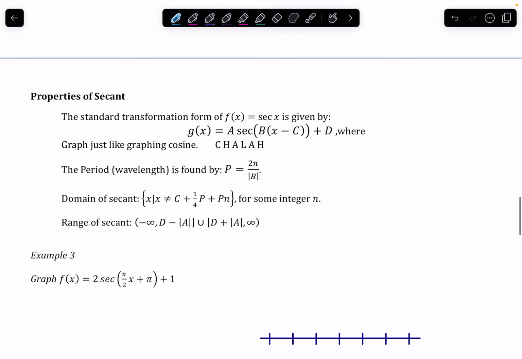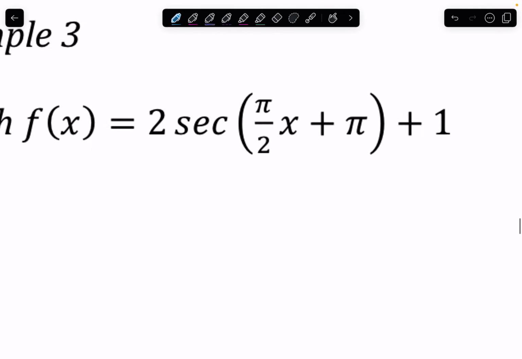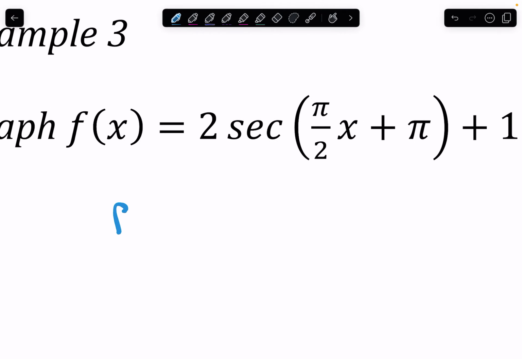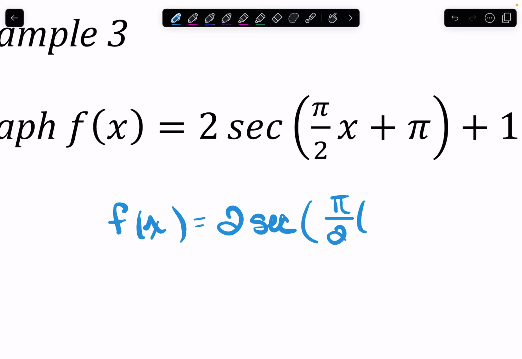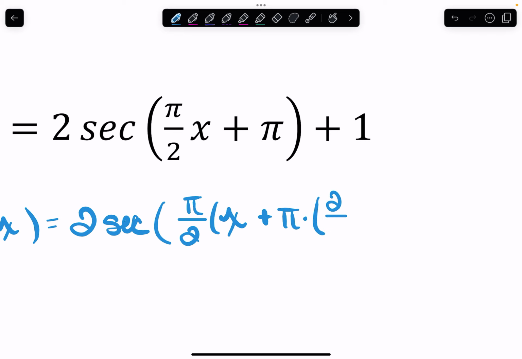So first we'll run into secant. We'll go over properties. There's your properties for secant. Secant's reciprocal is cosine. So we're going to use the strategy for cosine for getting the secant function graphed. All right, first we want to get it in the right format since it's not. So we've got f of x equals 2 secant, separating that pi half from the x, which means the pi is being multiplied by the reciprocal 2 over pi.